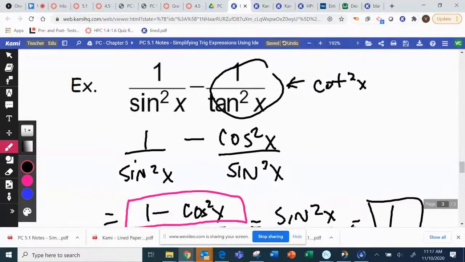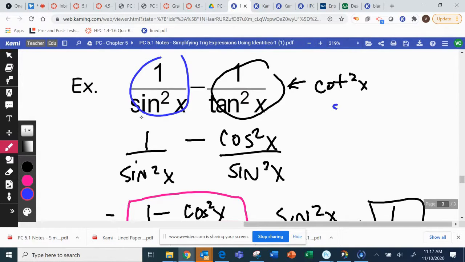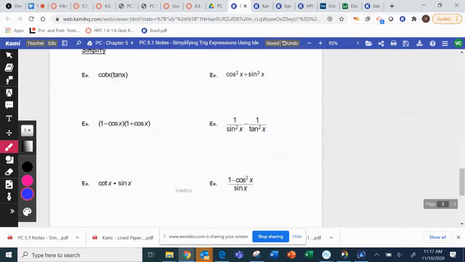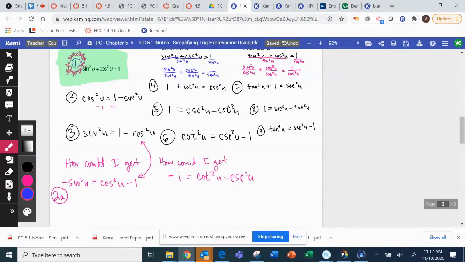Instead of thinking about them as fractions, if we changed 1 over sine squared x into cosecant squared minus cotangent squared, and then I go back to my previous page, cosecant squared minus cotangent squared equals 1.